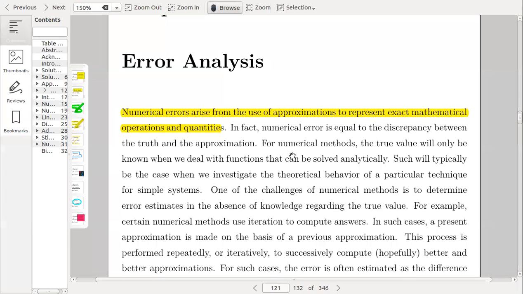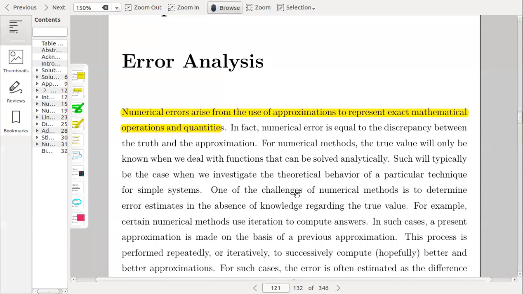So here we can define numerical error as the discrepancy between the true value and the approximated value, or the discrepancy between the truth and approximation. For numerical methods, the true value will only be known when we deal with functions that can be solved analytically.